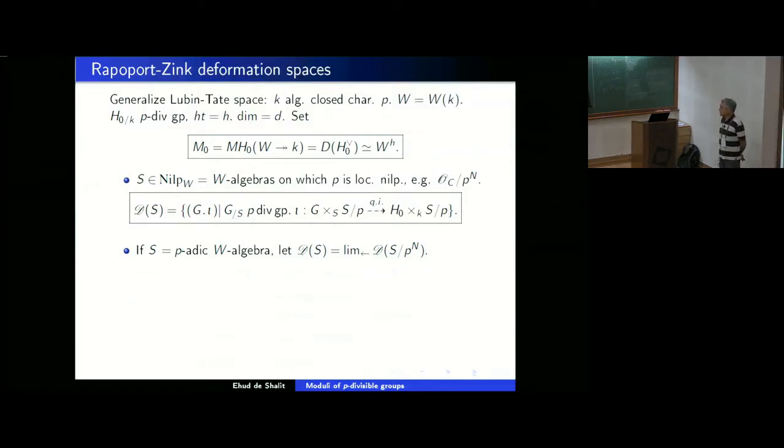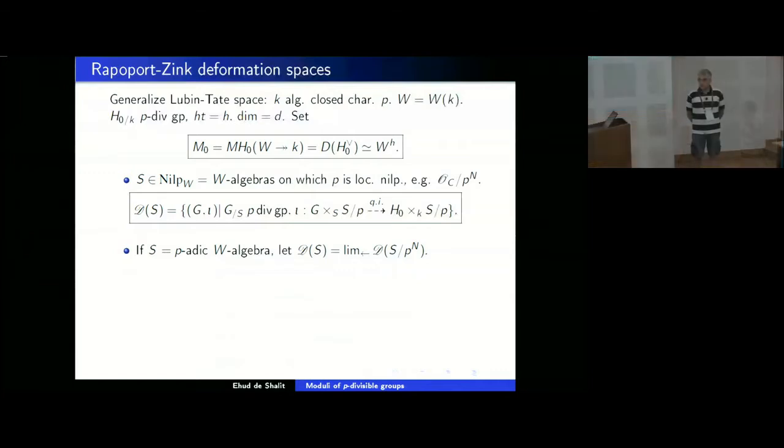And the deformation functor is defined very similarly. D of S is the set of all couples (G, iota), where G is a p-divisible group over S that, once you base change to S over p, becomes quasi-isogenous to this H0, our example, spread all along S over p.